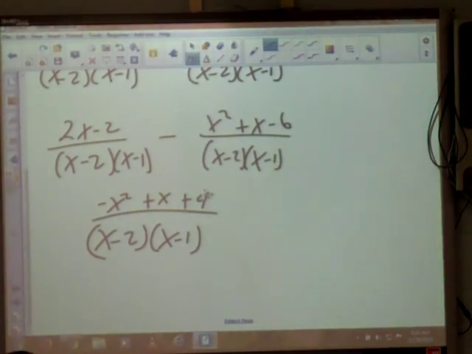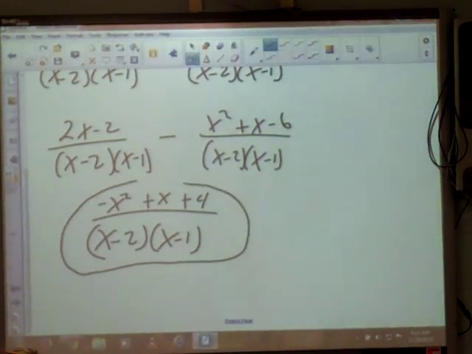Down here, in order to ninja anything out, I'm going to have a negative 2 and a negative 1. So it's possible that you could get a negative 2 somehow out of that. But on the top, is there any factors of 4 that can make a 1 in any way? No, you got 2 and 2 and 1 and 4. So I'm not going to be able to get that 1 in any way, am I? So it's not going to do me any good because I won't be able to ninja anything. That's it.